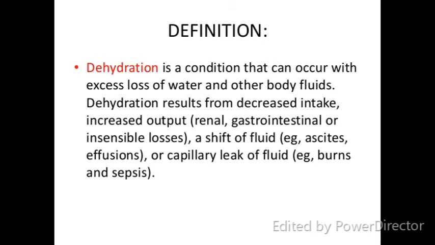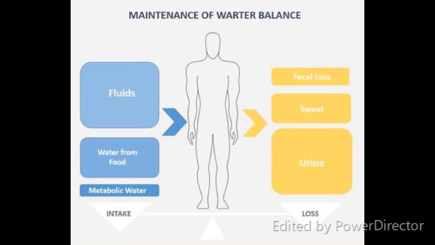So with that in mind, what are the factors that affect our hydration status? Examples of intake would be drinking, of course, water from food, and the metabolic water produced during normal condensation reactions in the body. Whereas examples of loss would be fecal excretion, sweating, and of course, urination.